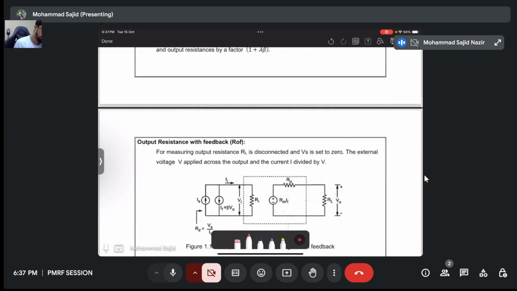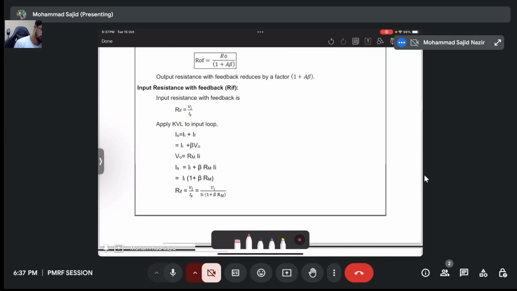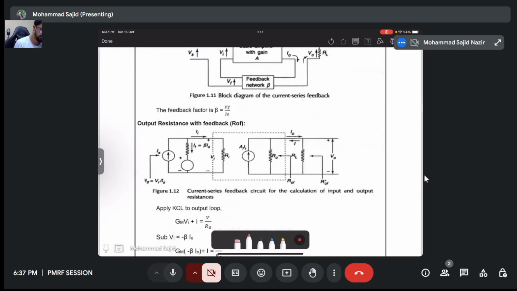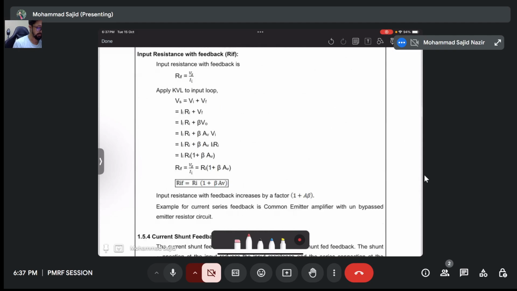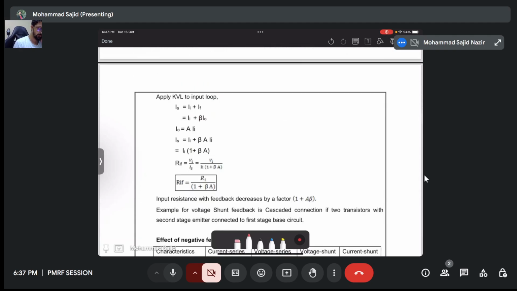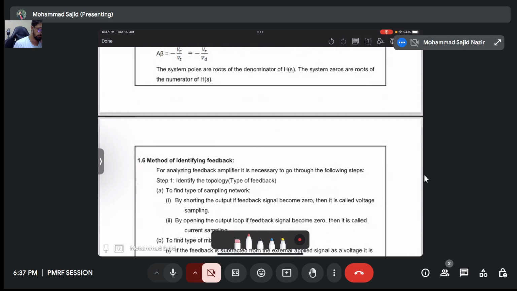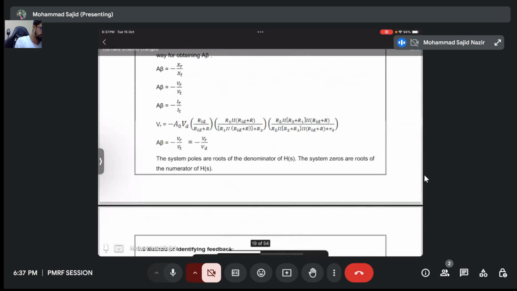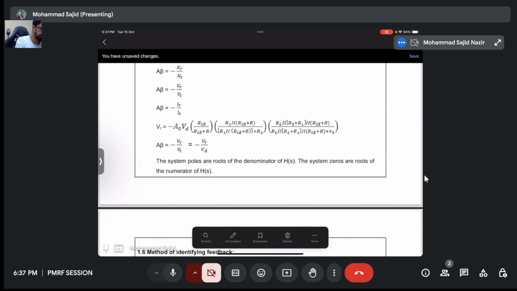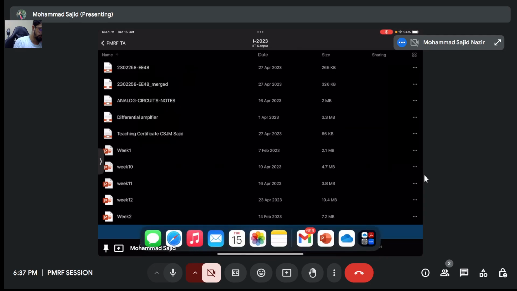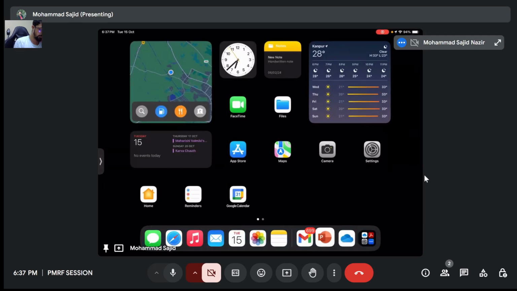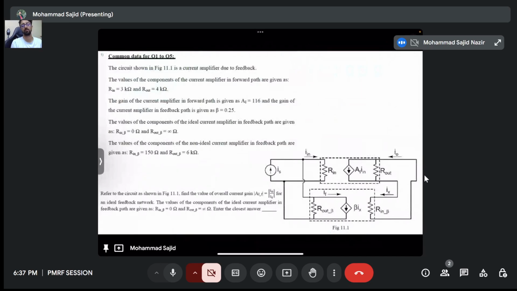Similarly, we can do this for the other three amplifiers, right? So let's check a few of the questions or problems on this type of circuits.